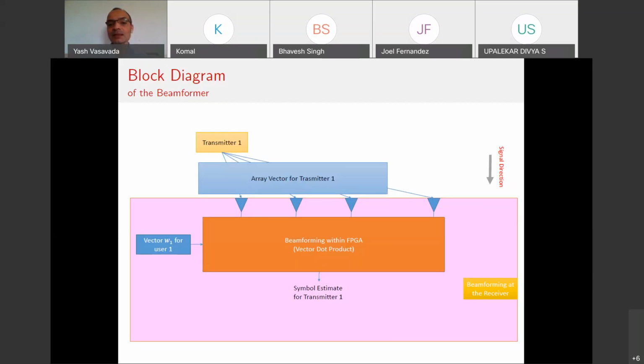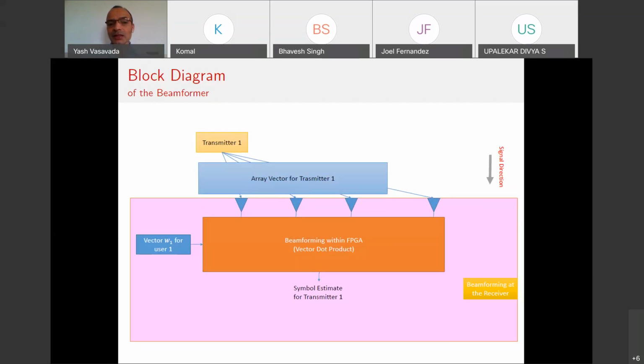What that array vector is depends on the application that we are looking at. If you are looking at beamforming, then that array vector is a complex exponential vector. If you are looking at CDMA or NOMA, then this array vector will be the signature sequence.